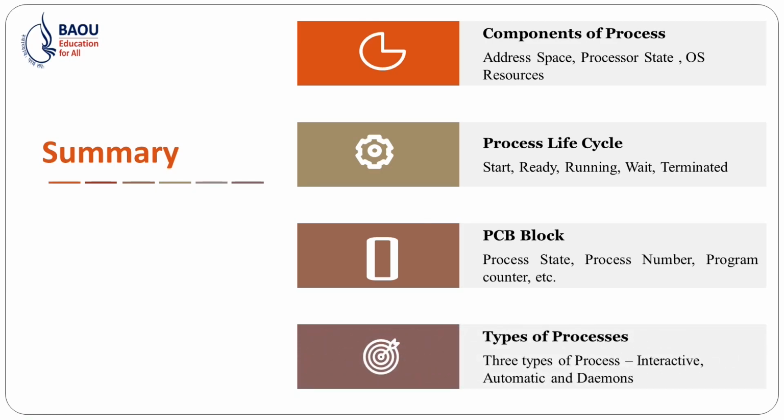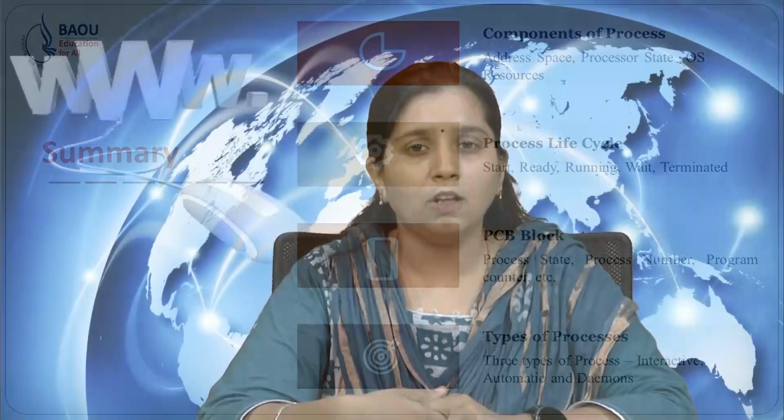And types of processes. There are three types of processes. First is interactive process, second is automatic process or batch process, and third is daemons. In interactive process, a simple example is the word processors we use to type our day-to-day activities, spreadsheets, etc. Batch processing we used in earlier times, as we saw some of the limitations of batch processes.